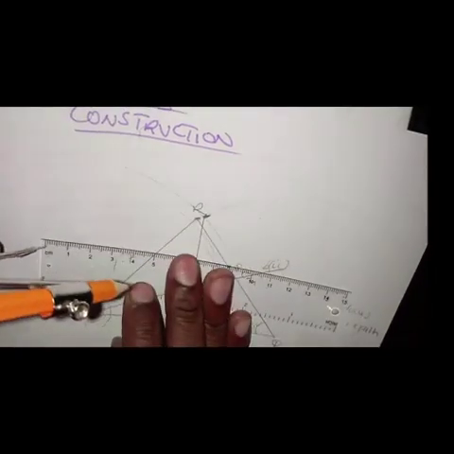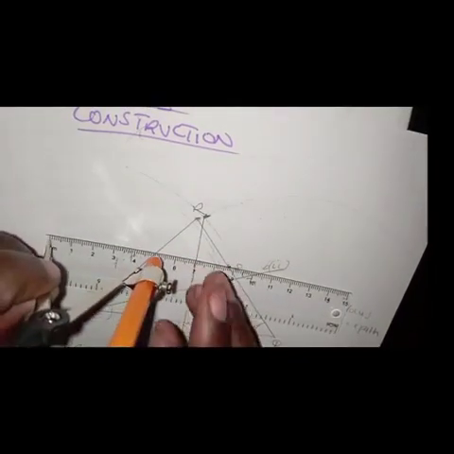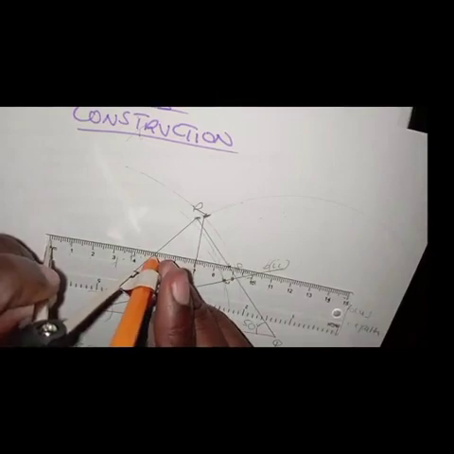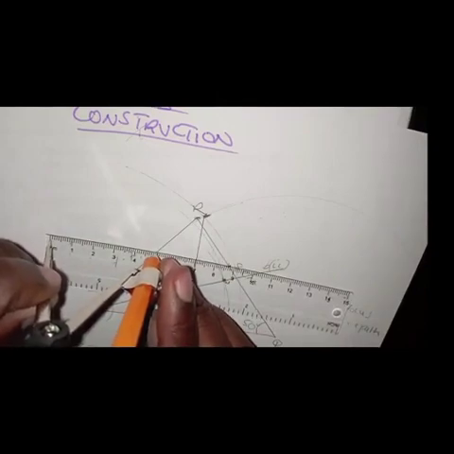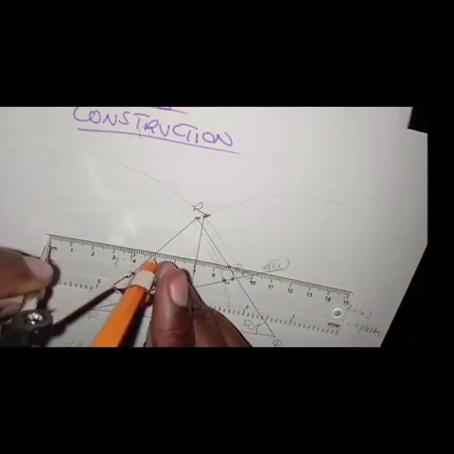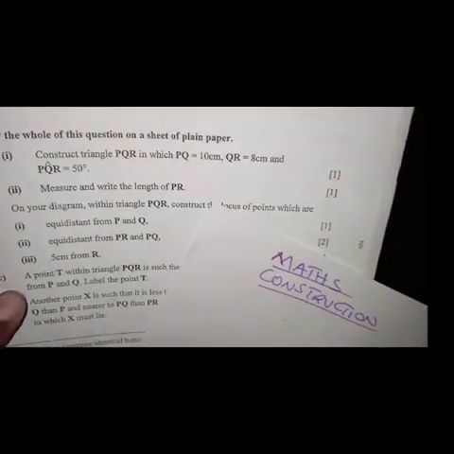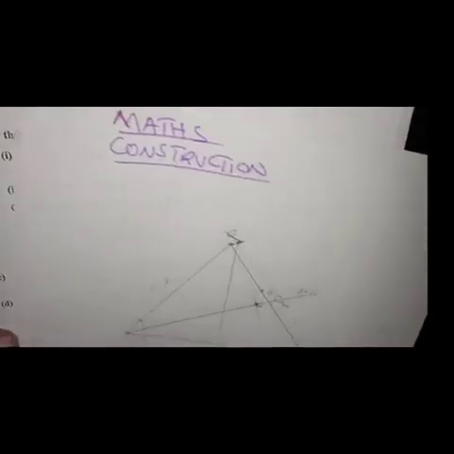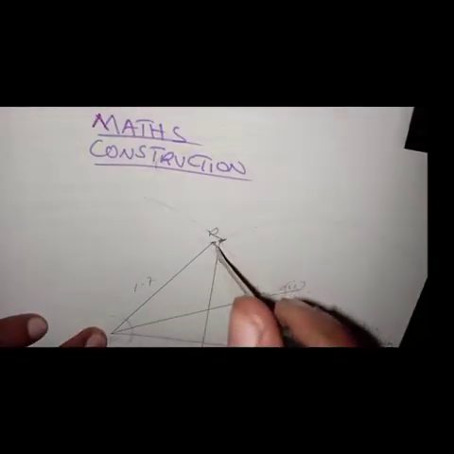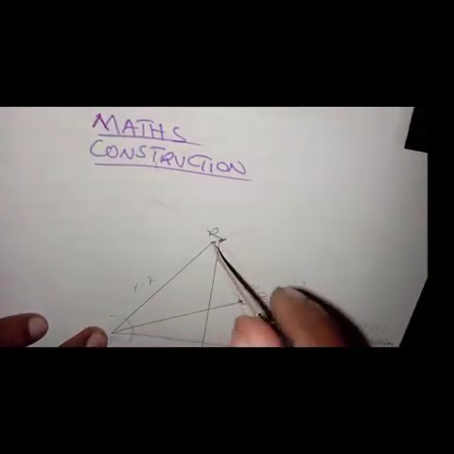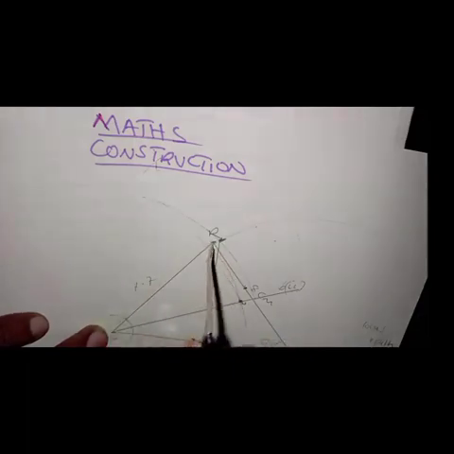This is my 0, my 5 is there, right? That's my 5. So this question is saying 5 centimeters from R. So I'll just go on R and draw a locus.